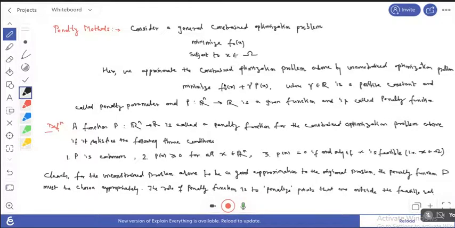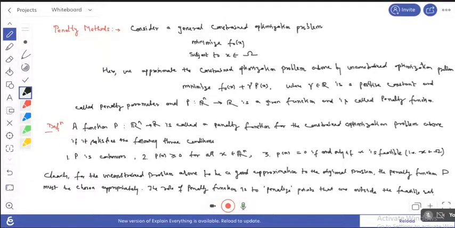That function may or may not be a differentiable function, and for an optimization problem the first order necessary condition is that the derivative at the optimum point should be 0. So this means that for the penalty function, because we reduced that problem into this new minimization problem, the first order derivative is 0 at the optimum, x equals x star.